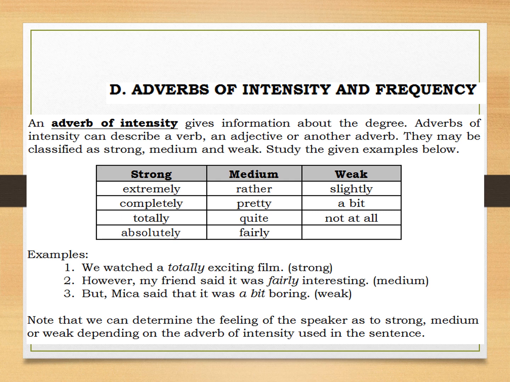Number 3. But Mika said that it was a bit boring. Bit is weak. Note that we can determine the feeling of the speaker as strong, medium, or weak, depending on the adverb of intensity used in the sentence.